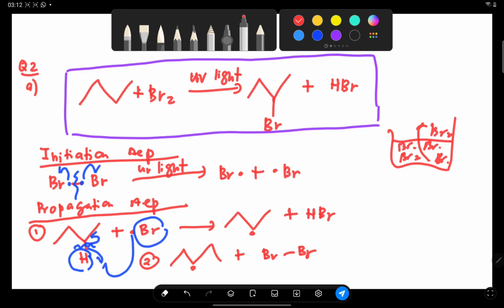This bromine molecule reacts with the butane radical. The bond breaks here, one electron goes here and one electron goes here, and this combines with bromine to produce 2-bromobutane plus Br dot. So again you reproduce the bromine radical.